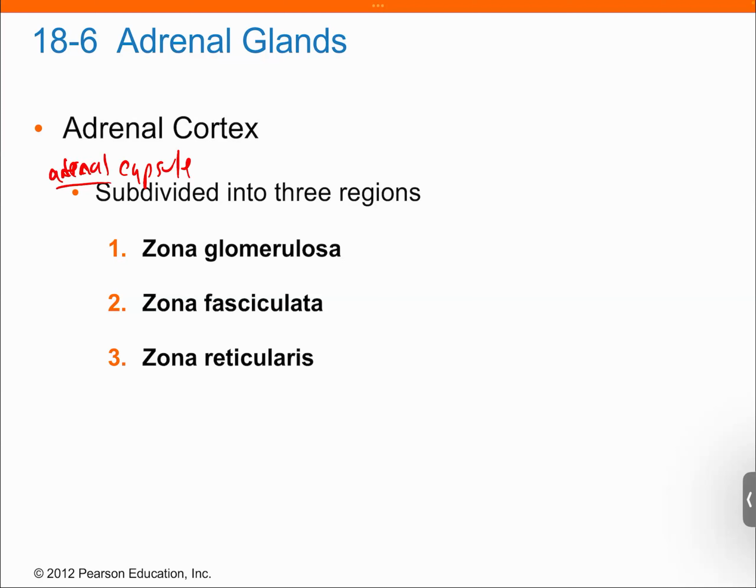And then as you start to move inward, you'll start to move into the three different layers. The first one is the zona glomerulosa. So this is the outermost layer. The fasciculata, which is a large, very noticeable layer.